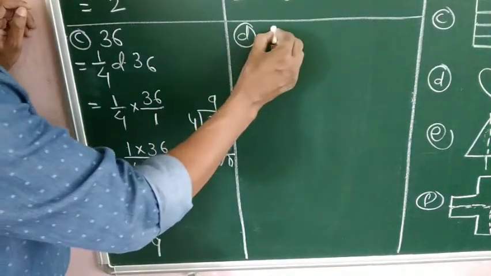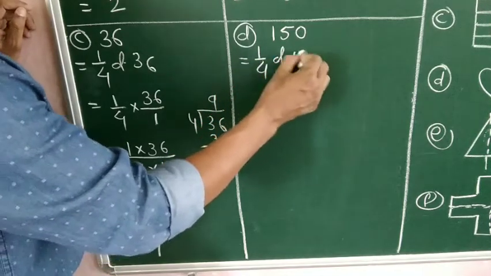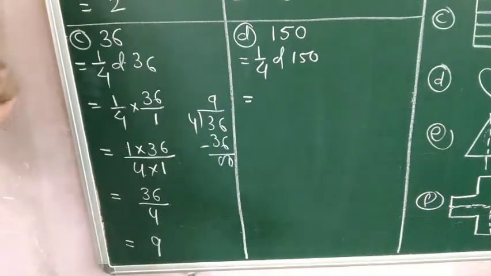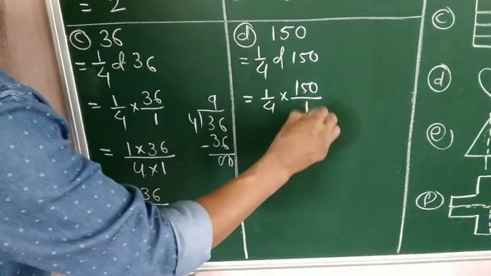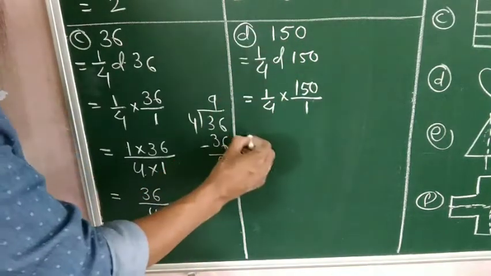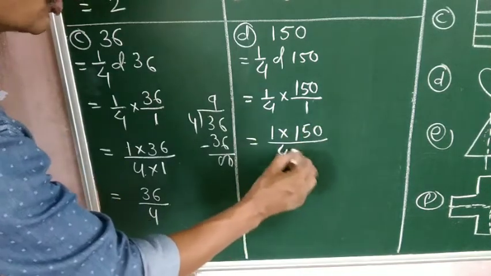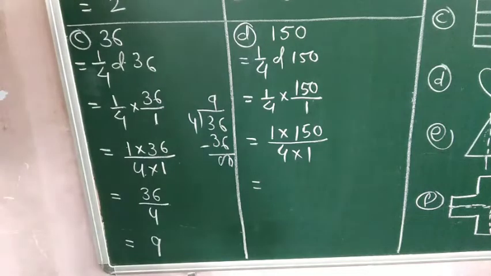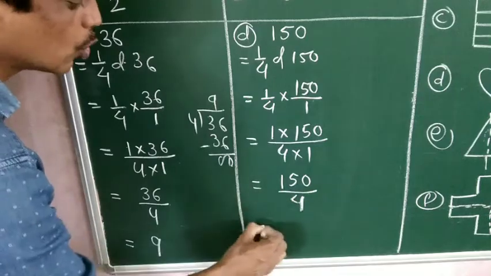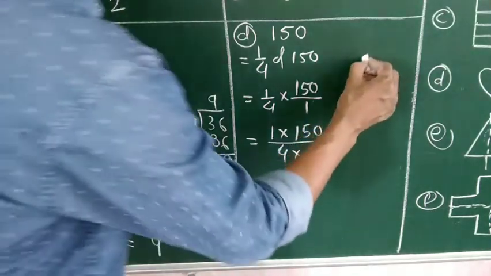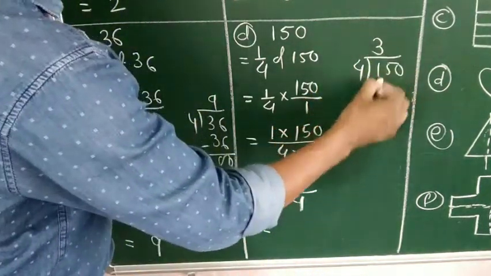Now number D, it is 150. See 1 by 4 of 150. So 1 by 4 into 150 by 1. So it is 1 into 150 by 4 into 1. 1 into 150 is equal to 150 and 4 ones are 4. So 150 divided by 4. 4 threes are 12.